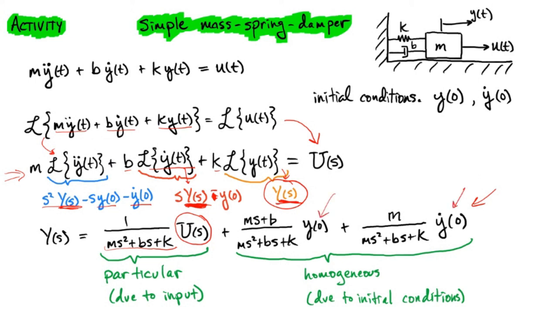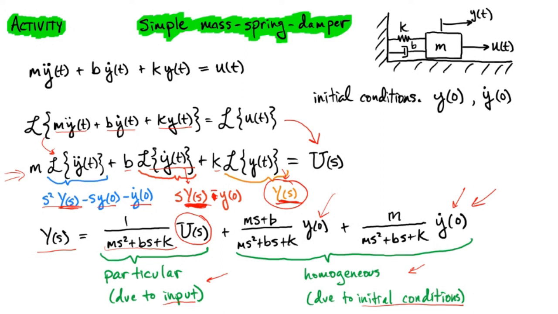And so we can actually separate those out into three different terms. One of the things that should ring a bell from differential equations a couple semesters ago is the fact that you can separate the complete solution into something called the particular solution and something that is the homogeneous solution. The homogeneous solution is due entirely to initial conditions, and the particular solution is due to no initial conditions, but only to some sort of forcing function or an input.